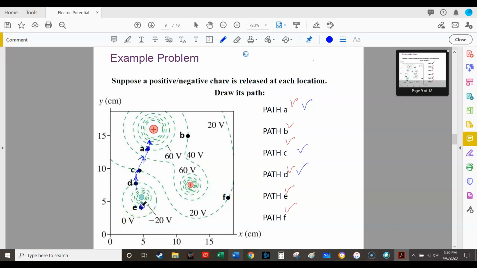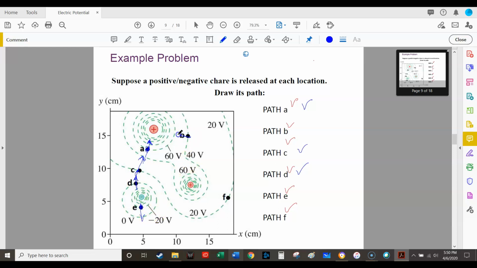Well, if we put an electron here at E, you have another electron right there. It's going to be pushing it away from it, towards the higher potentials, which is 0 in this case. It's at the voltage of -20, so it's going to try to go to 0 volts, which is greater than -20 volts. How about B?